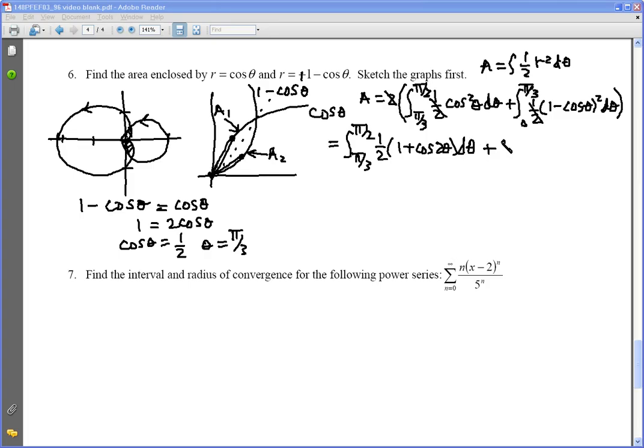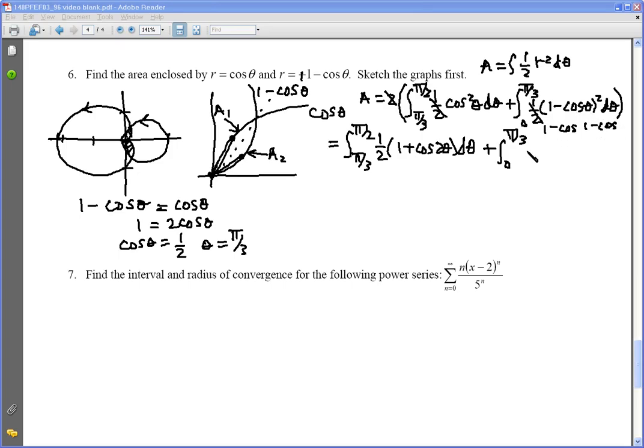and then plus integral 0 to pi over 3. And then this, we've got to FOIL this out. 1 minus cosine times 1 minus cosine. Come on, pen. There we go.